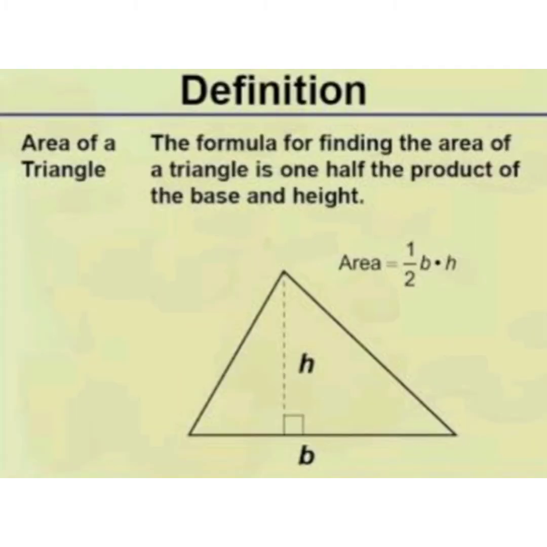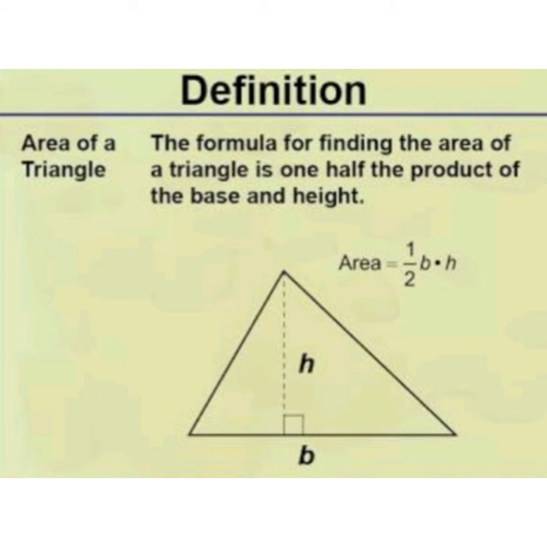Area of regular shapes. The area of regular shapes can be calculated using specific formulas. The formula for finding the area of a triangle is 1 by 2 of the product of the base and height.